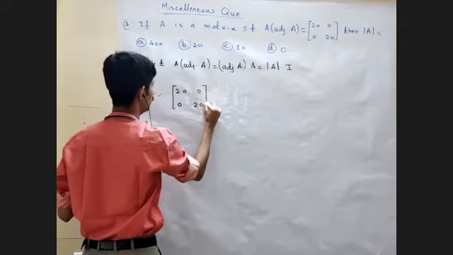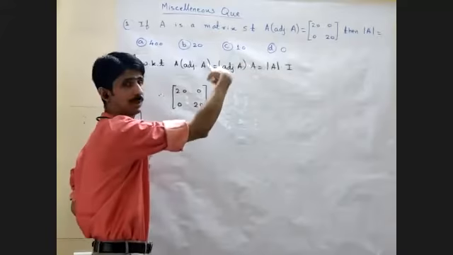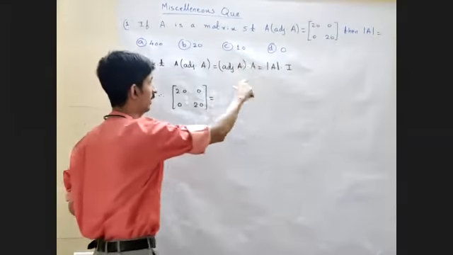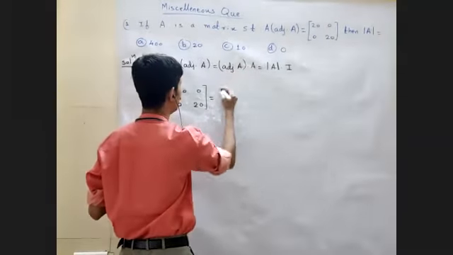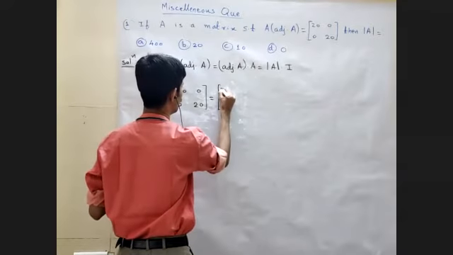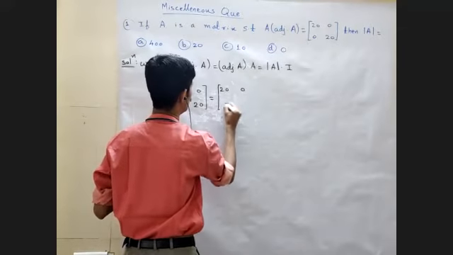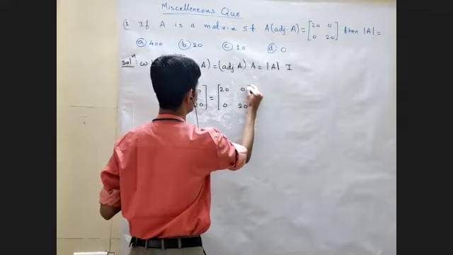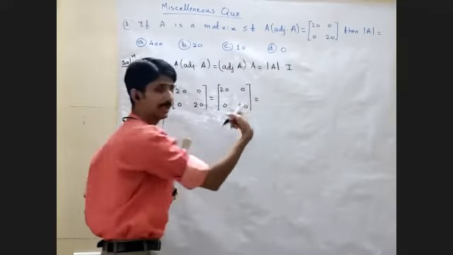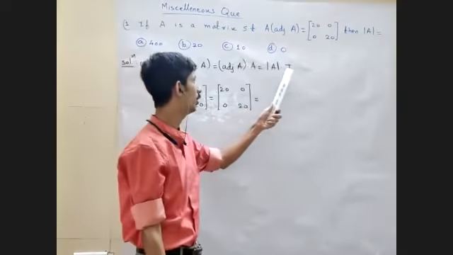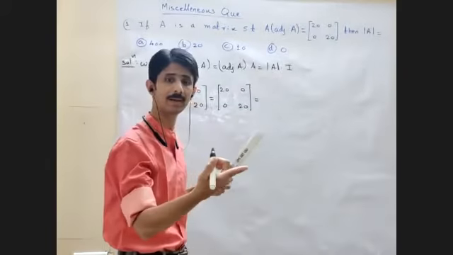Now this matrix is same as adjoint of A into A. मतलब A into adjoint of A का जो आंसर है is same as adjoint of A into A. तो इसका आंसर भी वही आएगा 20 0 0 20 and this will be equal to determinant of A into identity matrix.